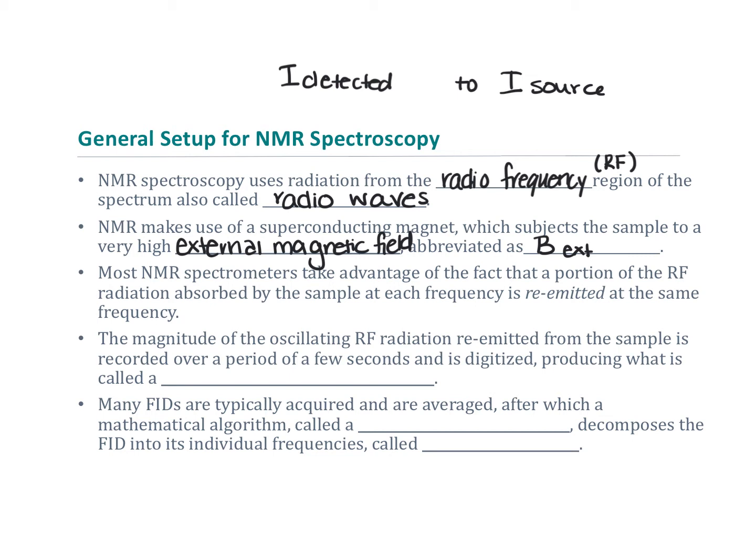Instead, most NMR spectrometers are going to take advantage of the fact that a portion of the radio frequency radiation absorbed by the sample at each frequency is re-emitted at the same frequency. Now, the magnitude of the oscillating radio frequency radiation, and remember, oscillating just means it's moving in waves, okay? That magnitude of oscillating radio frequency radiation that's emitted from the sample is recorded over a period of a few seconds and digitized, producing what is called a free induction decay.